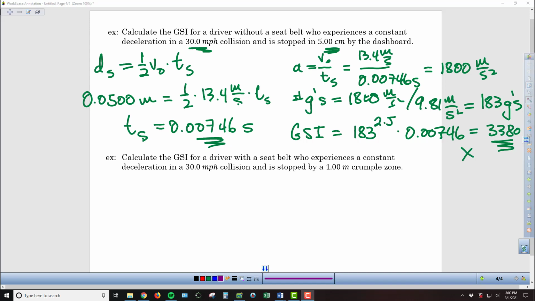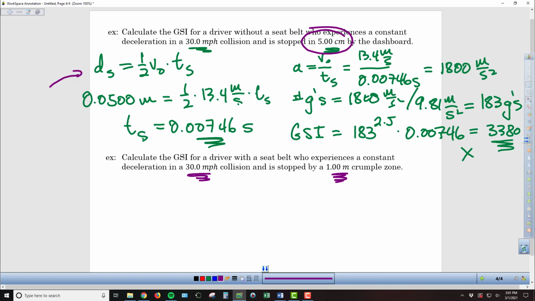In this next example, we're still at 30 miles per hour, but now we have the seatbelt and the crumple zone we're taking advantage of, to end up with a stopping distance of 1 full meter. Compared to the previous question, we now have 20 times the stopping distance.